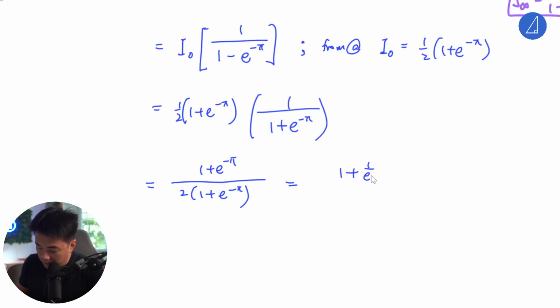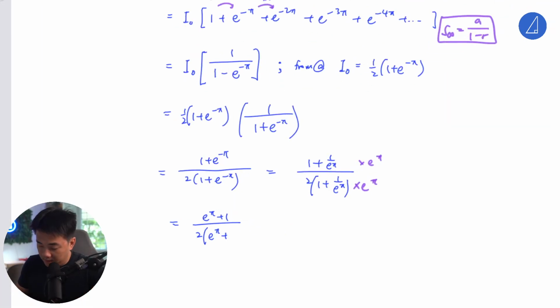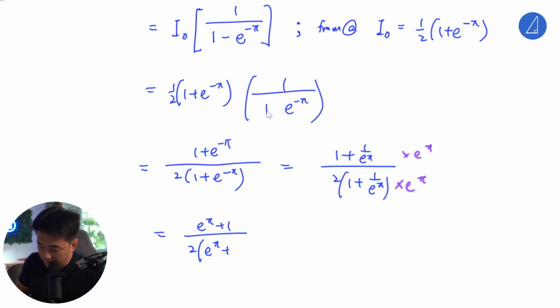This will be 1 plus 1 over e^(pi). You could multiply by e^(pi), just to make it look good, but you can just leave it like that. It's not an issue. Then you will get (e^(pi) plus 1) over e^(pi). So, something is wrong. This is minus, sorry. It's minus.